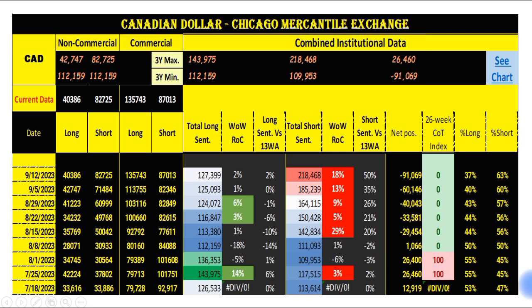You can see the reading right here is 100, in the last week of that month. And also at that same point in time, we had the maximum reading for total long sentiment of the large institutions over a 3-year period. The 3-year max reading is 143, and it was still 143 up to this point in time when I was recording this. So that is telling me that the institutions are setting themselves up for profit taking on the longs for the Canadian dollar, which then should cause the Canadian dollar to drop in price.